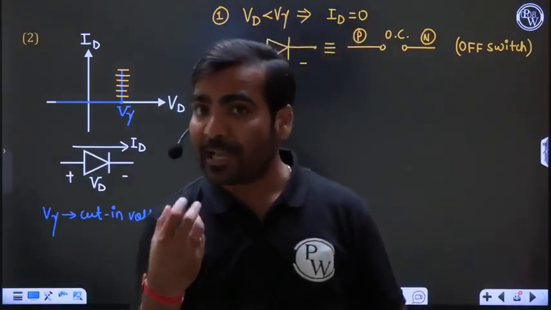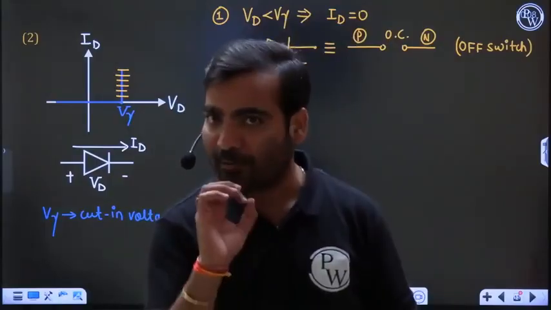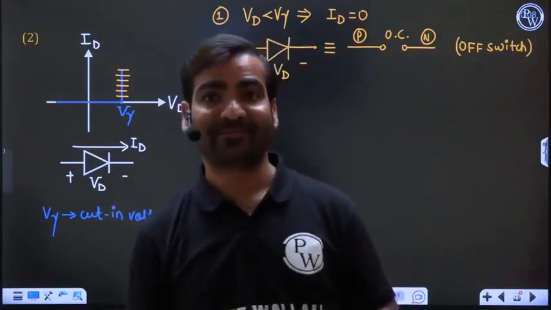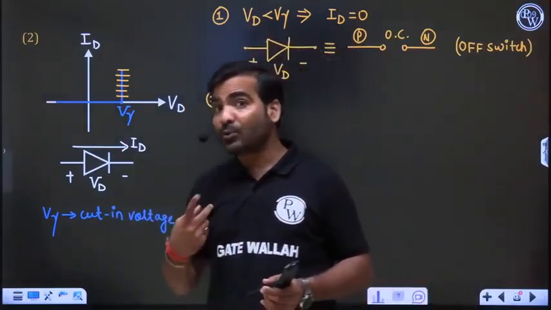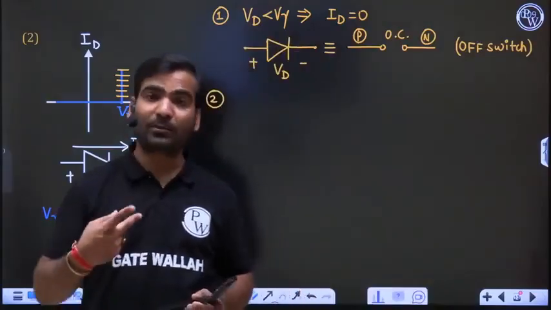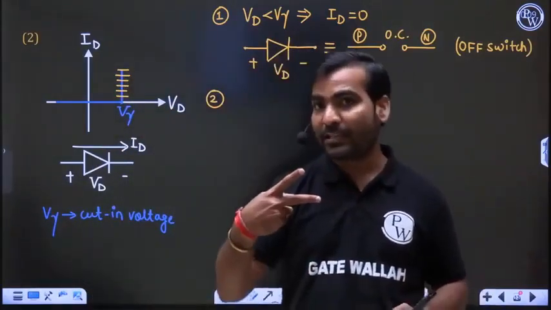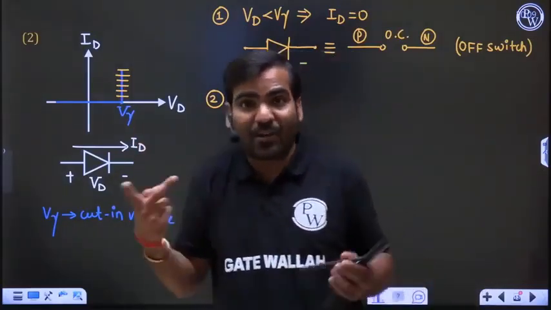Which element has constant voltage, one fixed voltage, and can have any value of current? Voltage source. The ideal voltage source of network analysis has constant voltage and it can deliver or take any current. That is the concept of network.